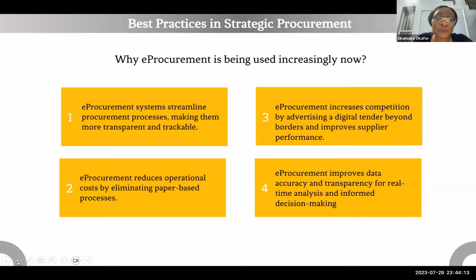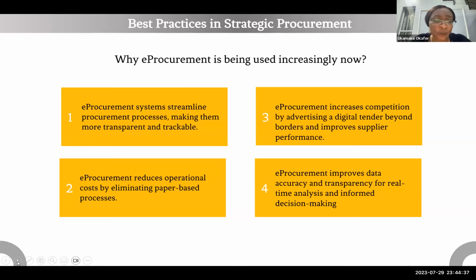When you have e-procurement, it makes everything more transparent. It streamlines the process, from planning, making tenders and quotations, procurement, to M&E. When it's being done electronically, it's very easy to be transparent and to track it.